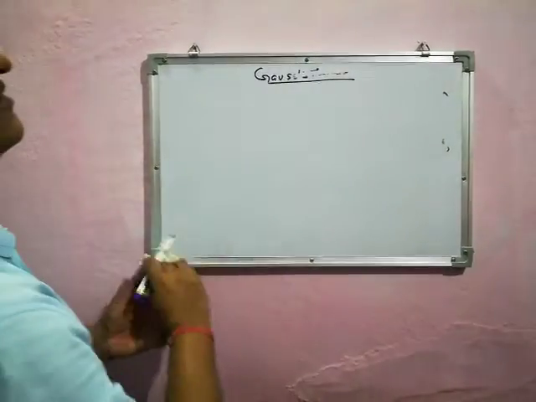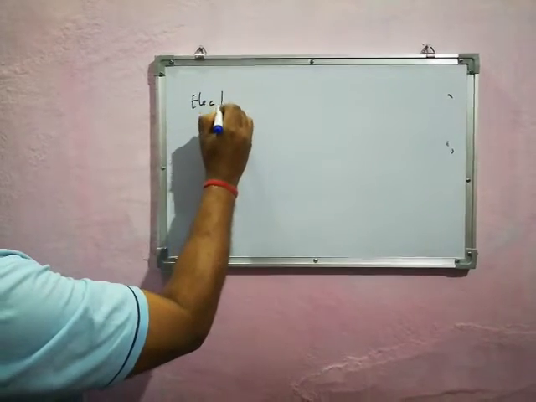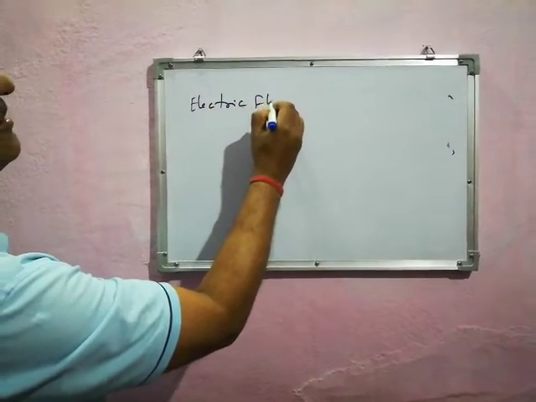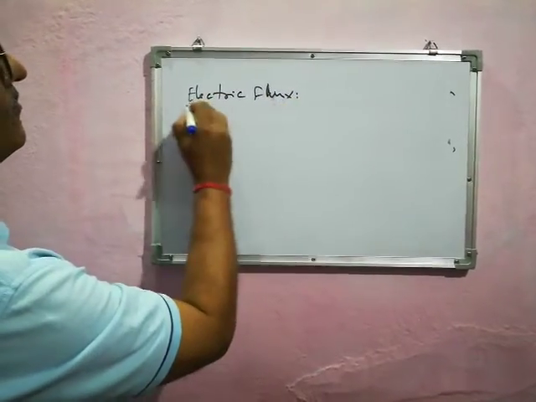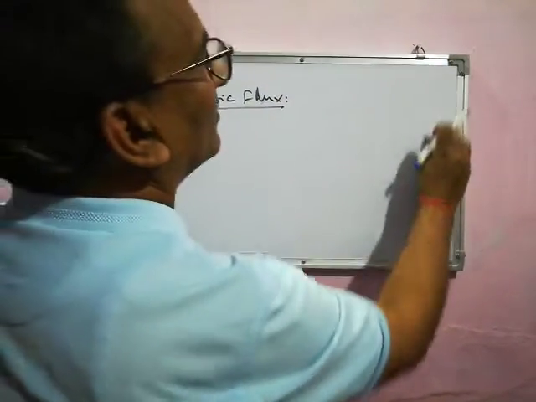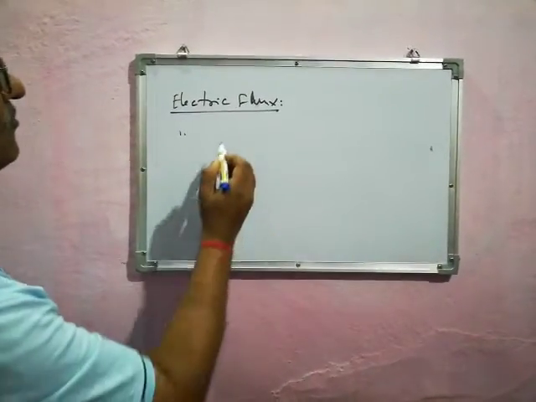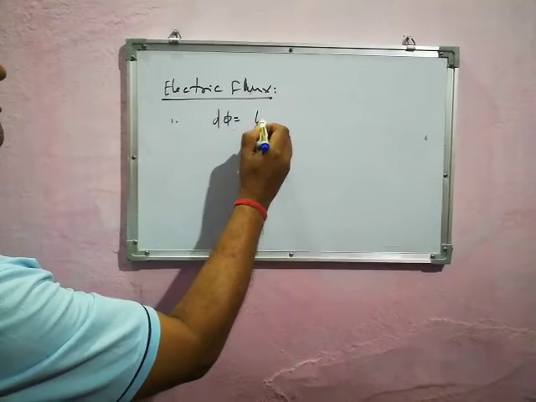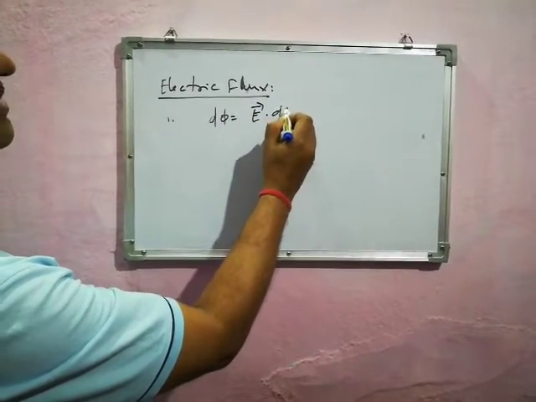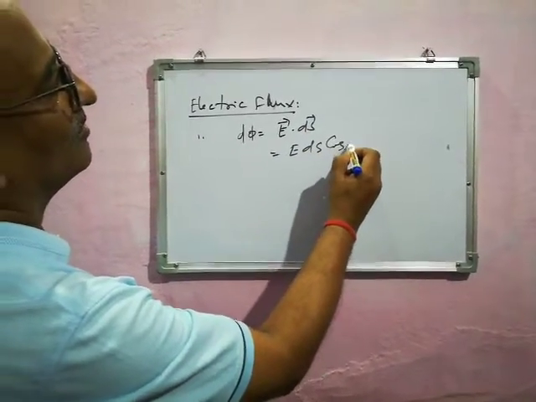Now let us learn what is electric flux. The first definition is mathematical, and it is more useful. Electric flux is defined as the dot product of electric field and area vector, or it is E ds cos theta.